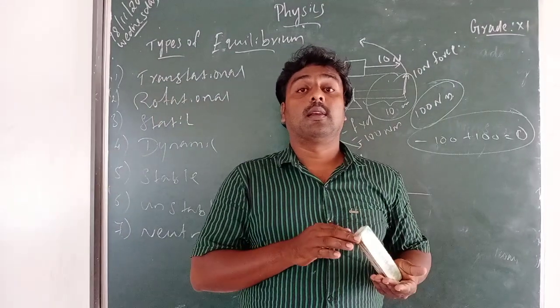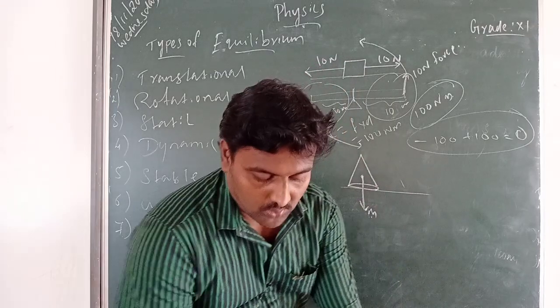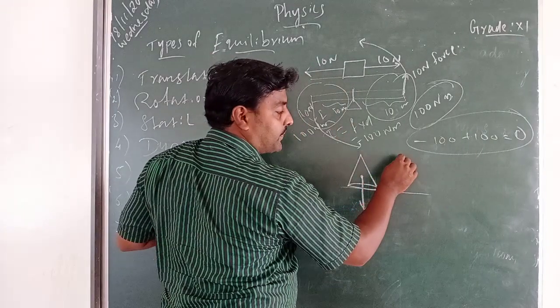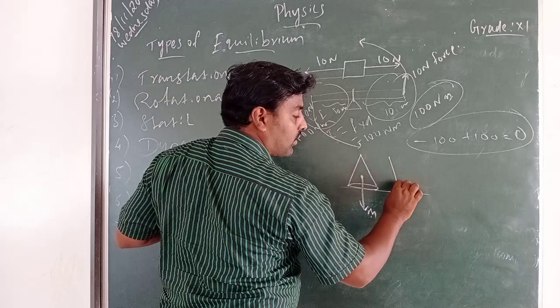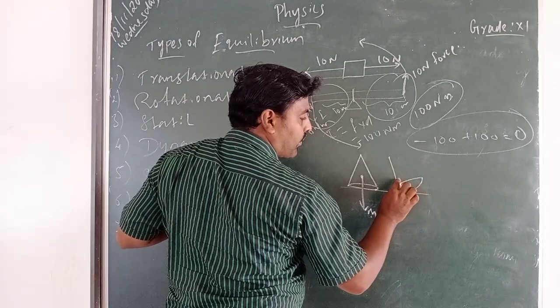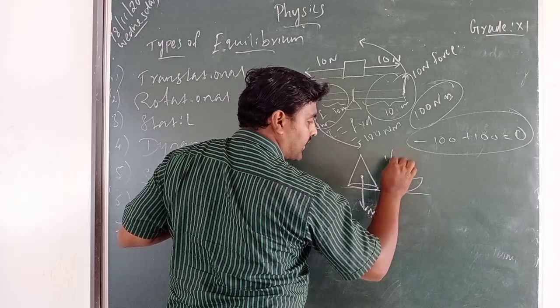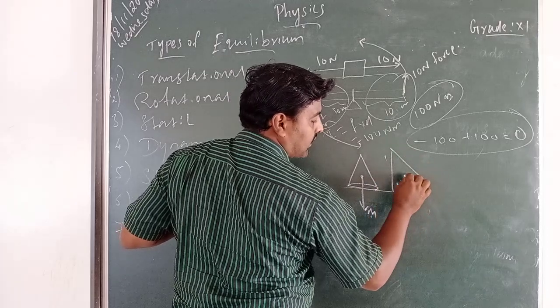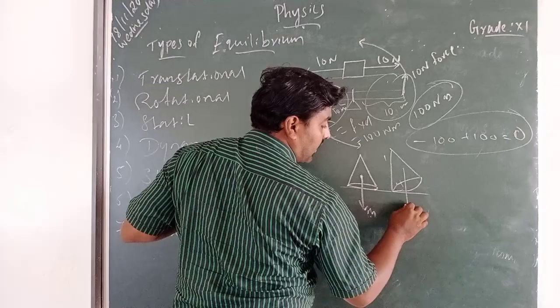This we can call stable equilibrium. If you tilt it slightly, again this cone will come back to its original position.